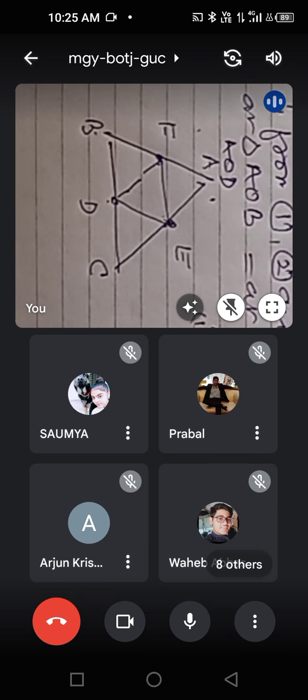Again, the question says that you have to prove that the area of this triangle DEF is equal to 1/4 the area of the triangle ABC. You know that in a parallelogram the diagonal divides it into two parts of equal areas. DF is the diagonal of the parallelogram, so the area of BDF is equal to area EDF.